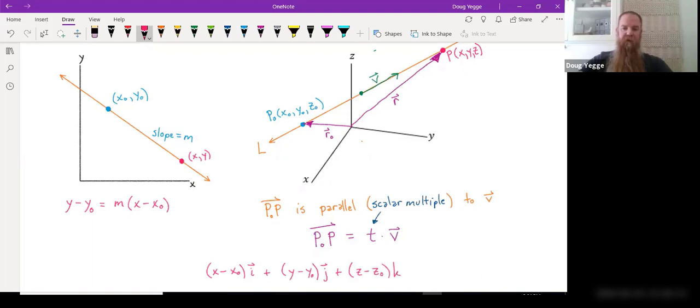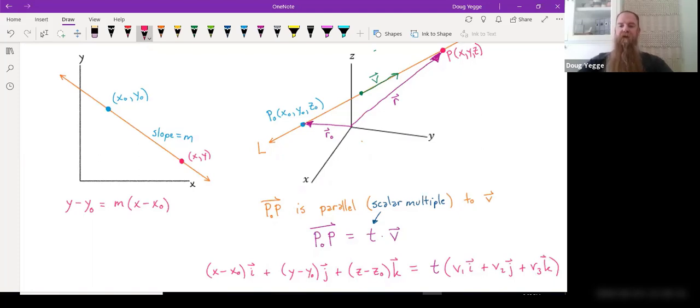That's the vector from P0 to P. But notice that that's going to be equal to a scalar multiple of vector v, which is v1i plus v2j plus v3k. And this is assuming that we're given a vector that is parallel to the line.